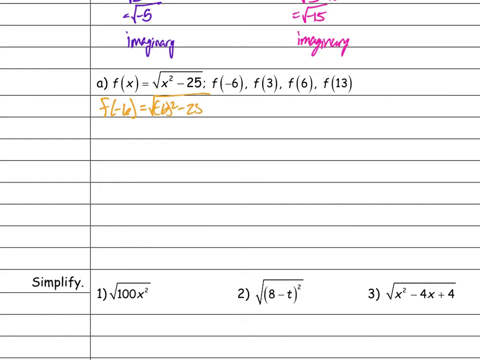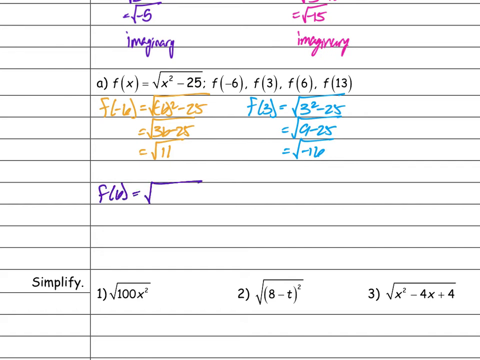Negative 6 squared minus 25 equals the square root of 36 minus 25, which I think is the square root of 11. Yeah, I think that's right. And then we've got f of 3, which is the square root of 3 squared minus 25, which equals the square root of 9 minus 25, which equals the square root of negative 16. Negative 16? Yeah, negative 16. And then we've got f of positive 6, which is the square root of 6 squared minus 25, which equals the square root of 36 minus 25, which equals the same thing as that.